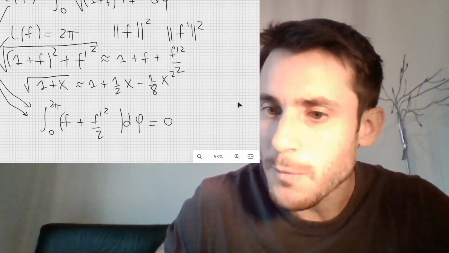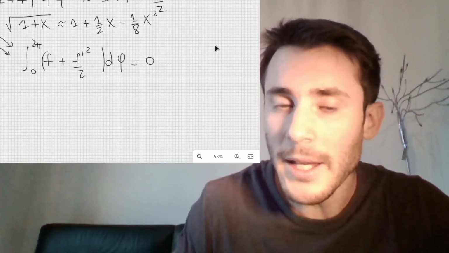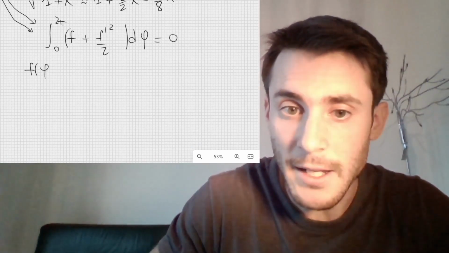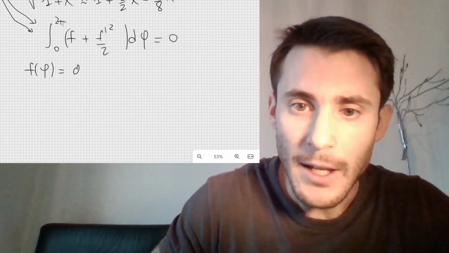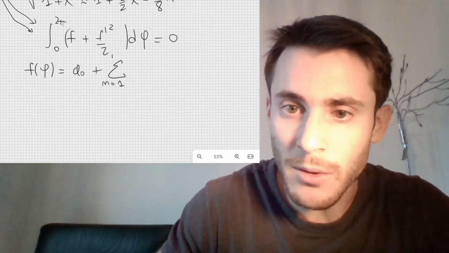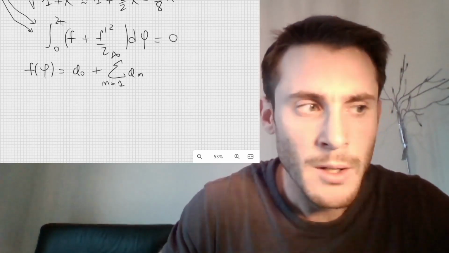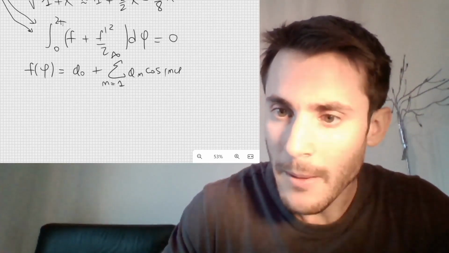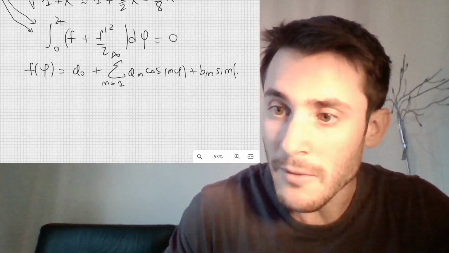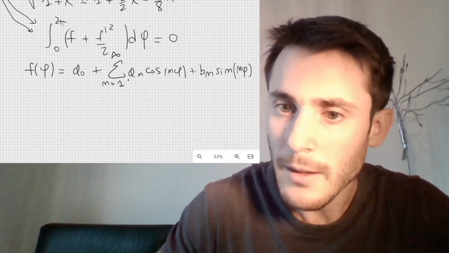Now, since f is periodic with period 2 pi, we can use a Fourier series expansion. So f of phi can be written as a0 plus summation with index n going from 1 to infinity, an cosine of n phi plus bn sine of n phi, like this.